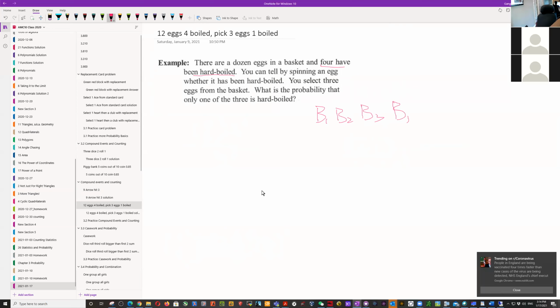And then you have a dozen, so obviously the remaining 8 are not boiled, so those are raw eggs. So you can say R1, R2, all the way to R8. And it's asking you to select 3 eggs from the basket. What is the probability that only one of them is hard boiled?